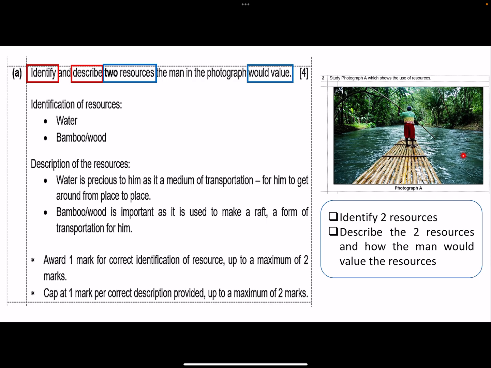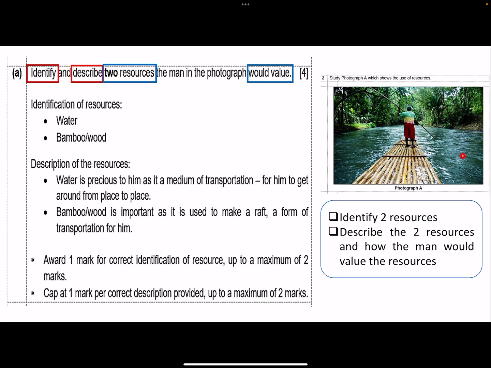Describe how he will value it means what are the uses of this resource. First and foremost, for the 4 marks, if you identify the two resources, you will secure 2 marks. If you describe how each of these resources will be valuable to the man in the photograph, you will get another 2 marks.